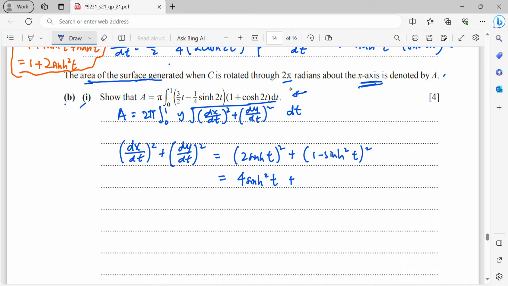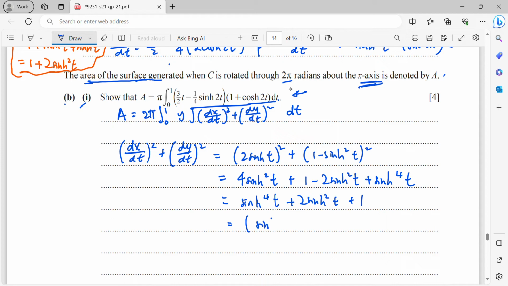For the second term, use a quadratic expansion. It will be 1 plus 2 sine squared t plus sine to the power 4 t. So when you simplify, 4 sine squared t minus 2 sine squared t will be plus 2 sine squared t, then plus 1. And here, because of the square root in the formula, I will change it to the square of a term, or square of 2 terms.